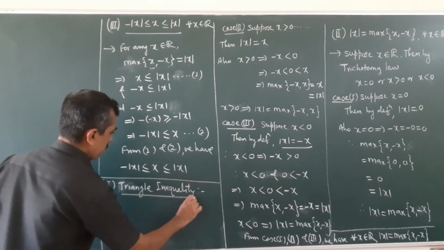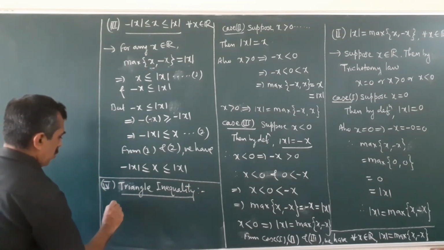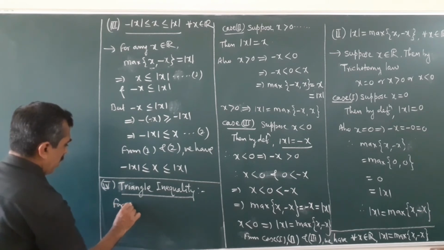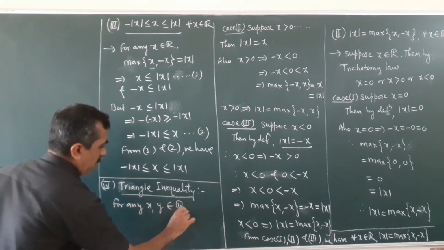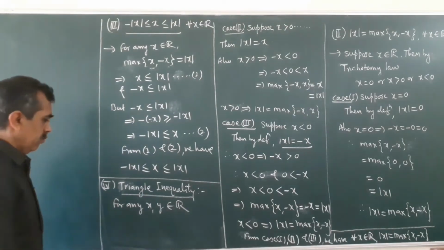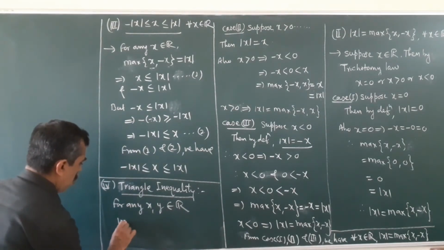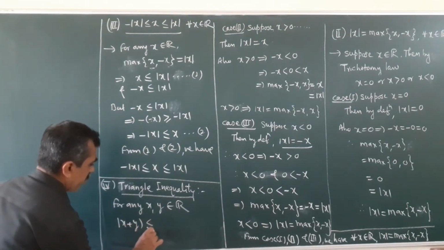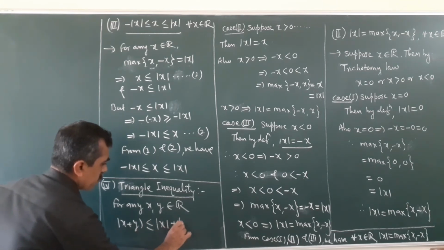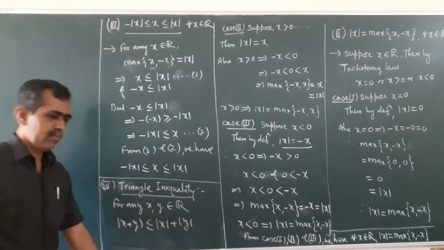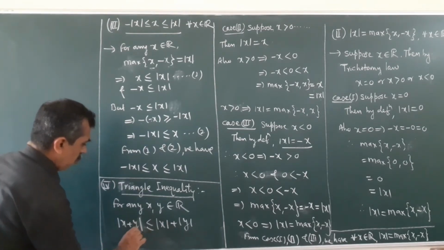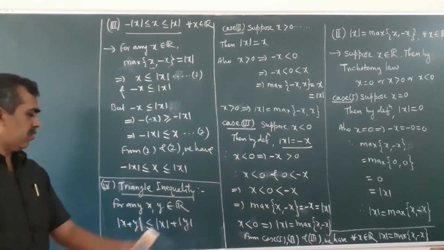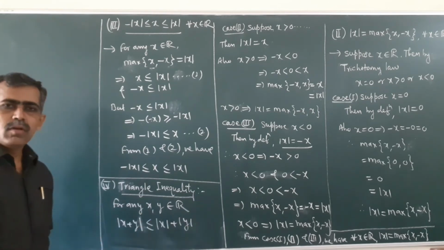For any x, y belonging to R, mod of x plus y is always less than or equal to mod x plus mod y.